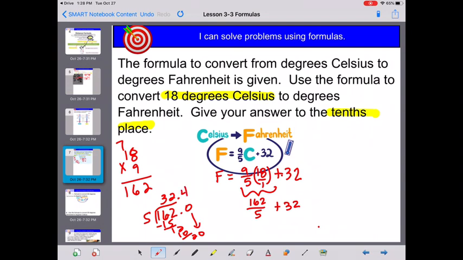Bring that 0 up. 32 and 4/10. So 32 and 4/10 plus 32 is 64 and 4/10, and then label it degrees Fahrenheit because that's what F equals, right? F is.